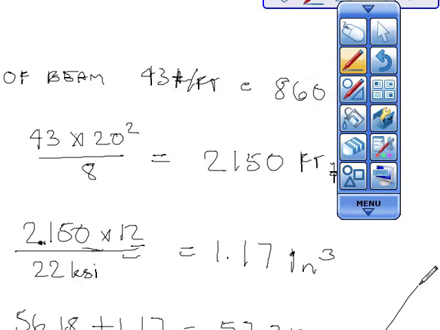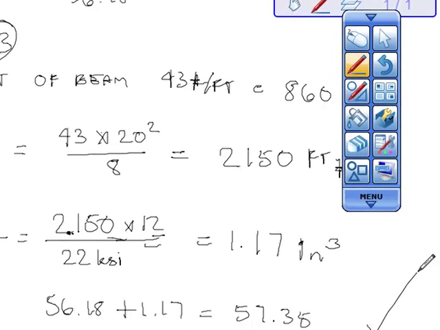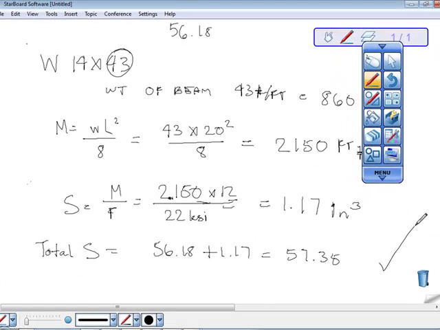The book gets very involved with their explanations and things. But when you break it down into the simple formulas and go back and look at charts to find the information you need, I think you can figure out the questions they're asking you to do. Let me find where I'm at. It's not break time.